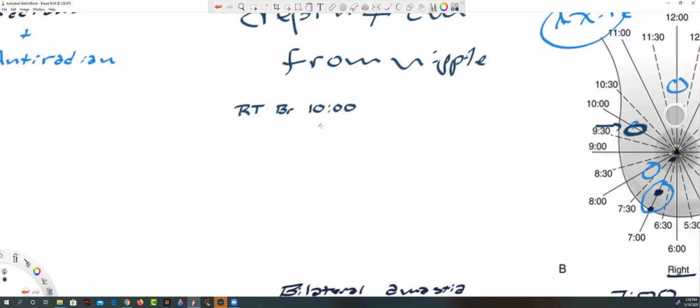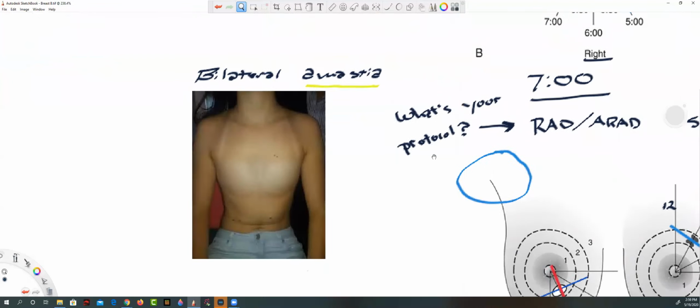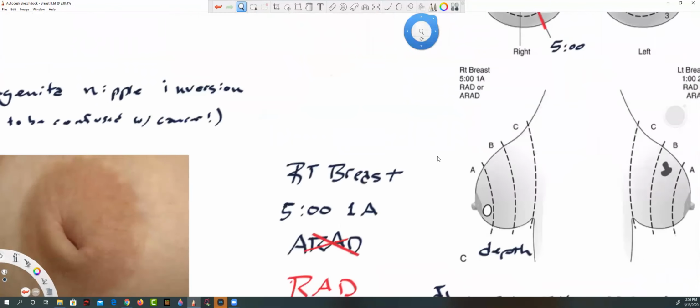Right breast, 10 o'clock. Let's see, 4 centimeters from nipple. How would it... 4 centimeters in those, and well, here. And it was right breast. Let's say it's right there.